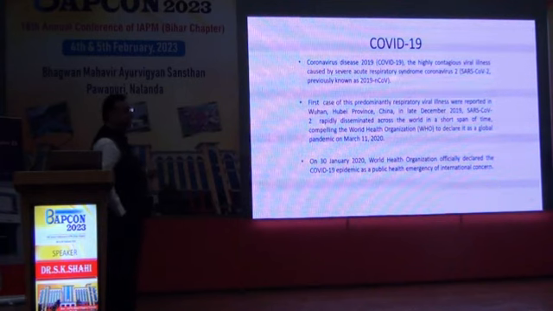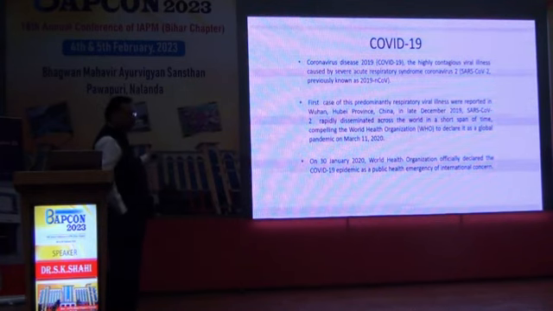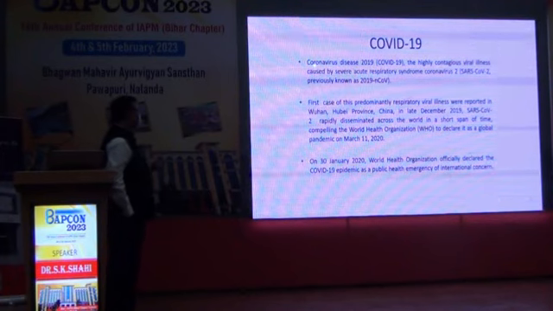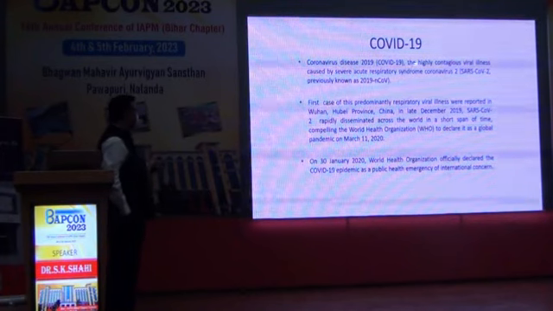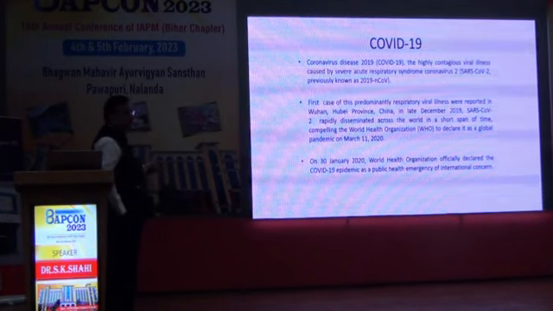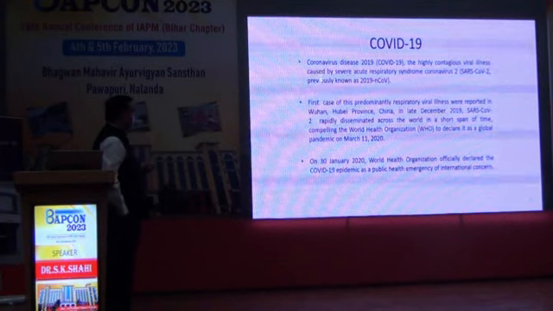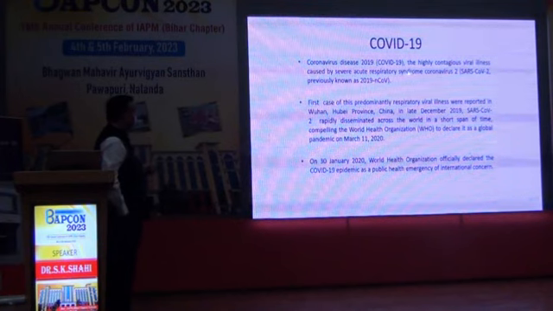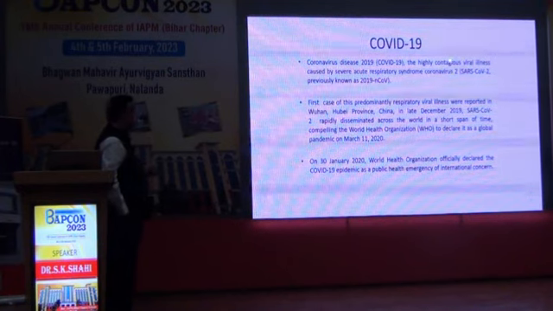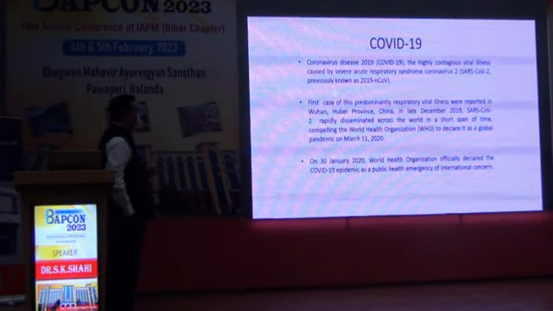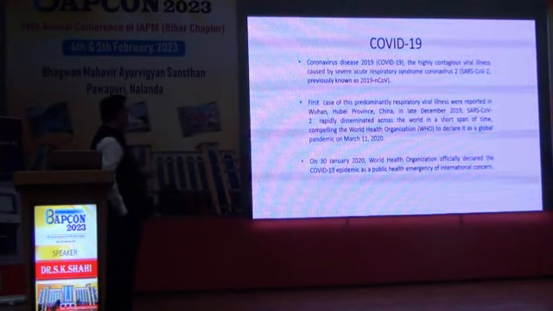If you go back just 2-3 years, coronavirus COVID-19 is a highly contagious viral illness causing severe acute respiratory syndrome, that is coronavirus 2, SARS-CoV-2, previously known as COVID-19.